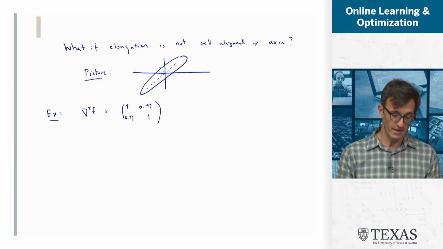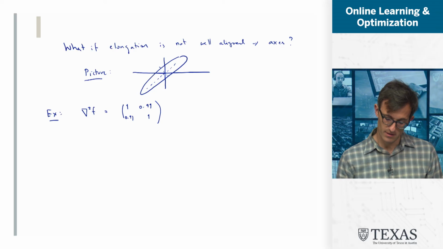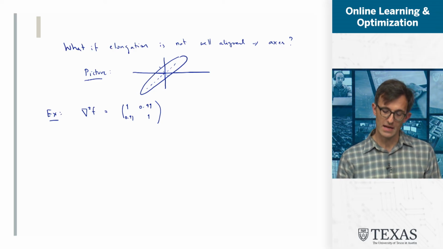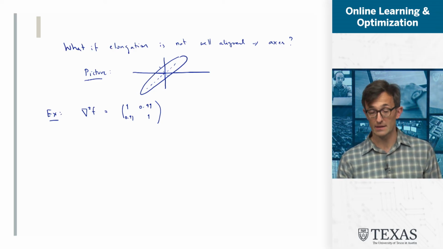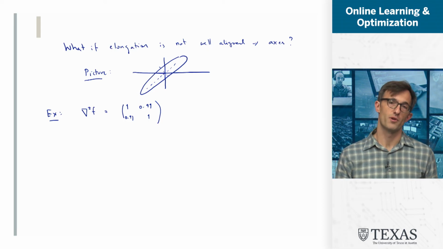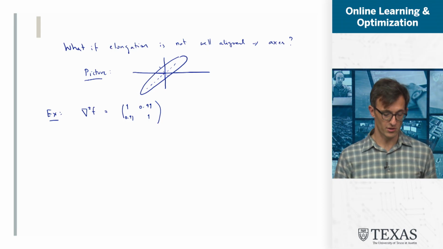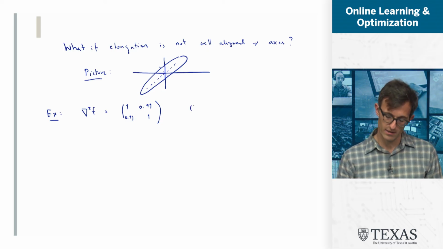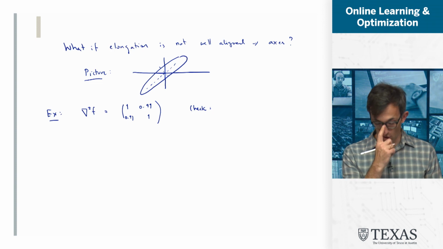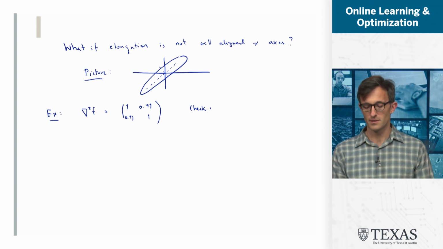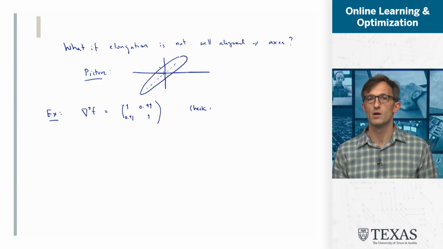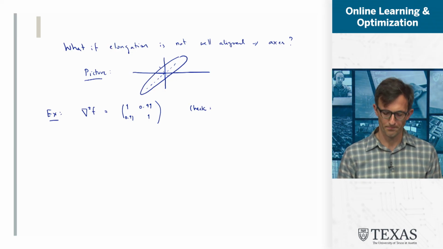You can see that the level sets are going to look exactly like what I drew, but even more pronounced. It has essentially 100-fold elongation. In fact, you can check that the largest eigenvalue is 1.99 and the smallest eigenvalue is about 0.01.